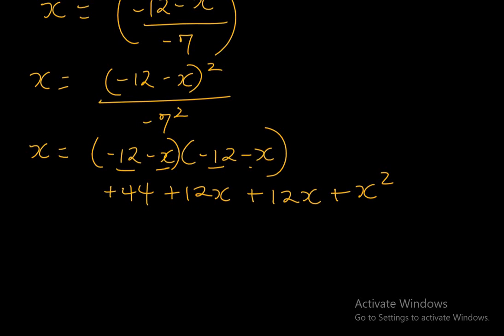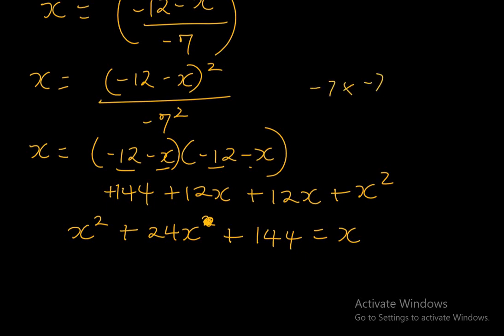So this is the same thing as x squared plus 12x plus 12x, which is plus 24x, plus 144, equal to x. But this is the numerator. The denominator is minus 7 times minus 7, which will give me plus 49.